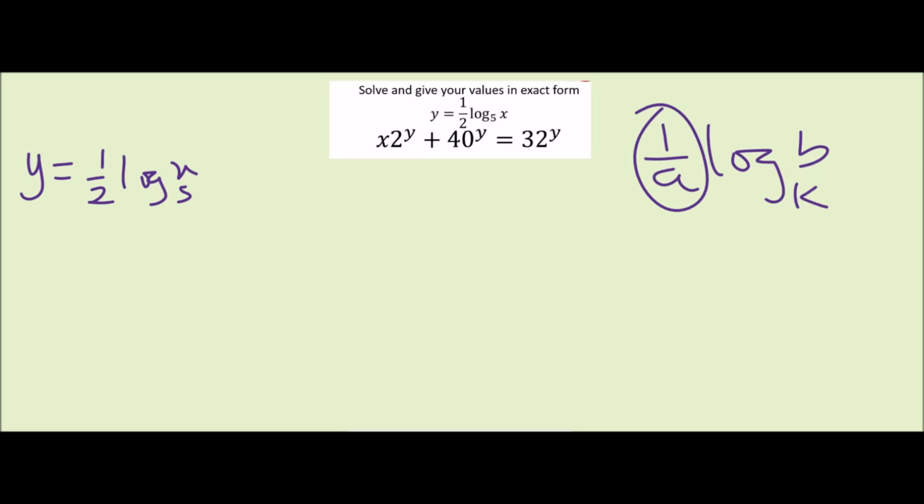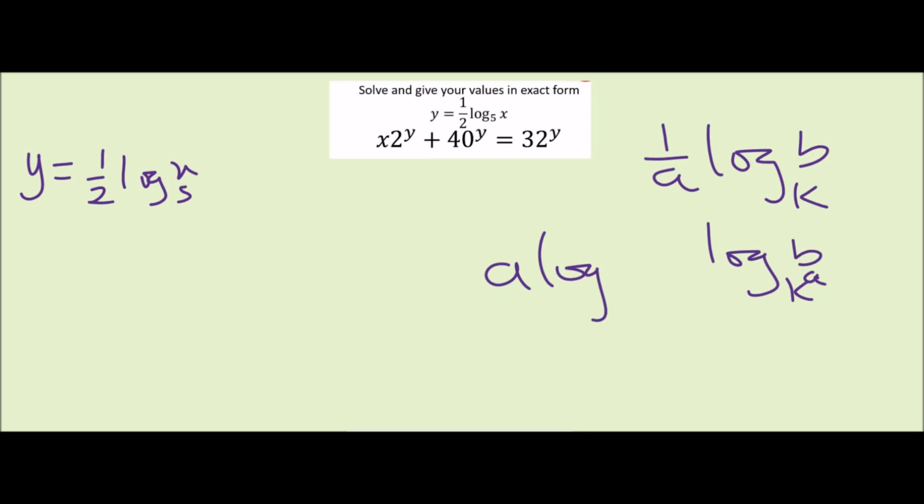It's going to be the power of the base. And how will it be the power? It's going to be the reciprocal of this. So which is log b base k to the power of a. Or in case you have a log b base k, this also is log b base k to the power of 1 over a. That's what I'm going to use.